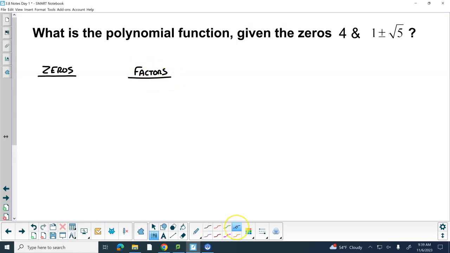okay? So if my zero is 4, what is my factor? x minus 4. If my zero is 1 plus the square root of 5, what is my factor?